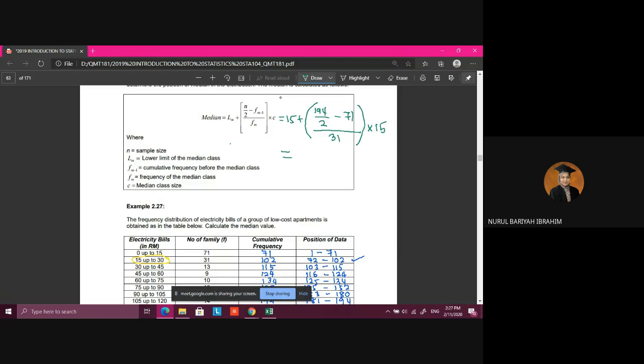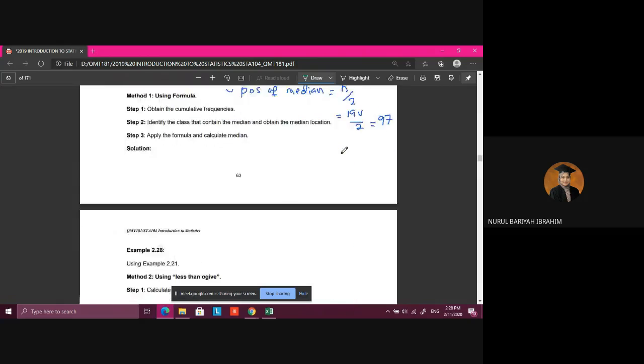So the answer will be 27.58. So the median of the electricity bills is RM 27.58. If you can see, 27 is indeed in the second class. So that is how you use the formula to find the median of grouped data.